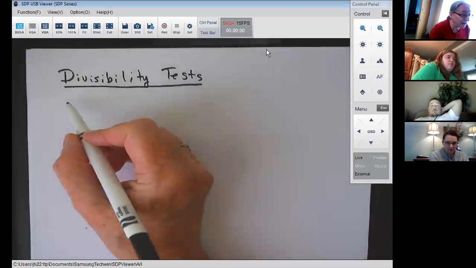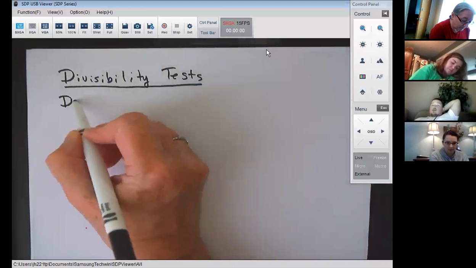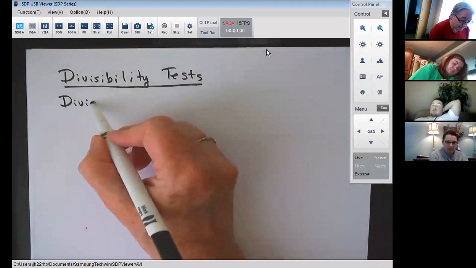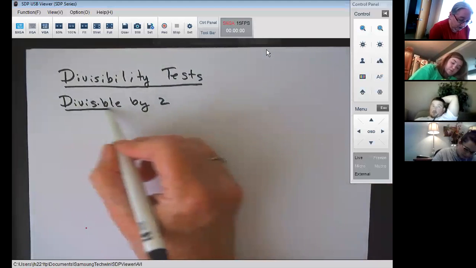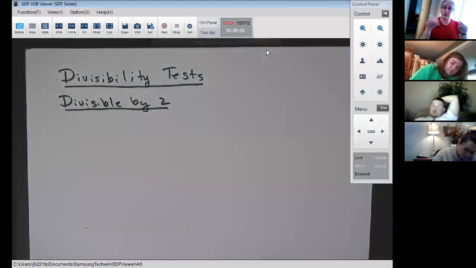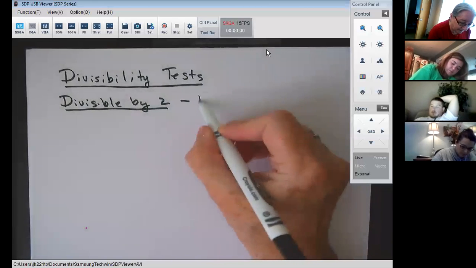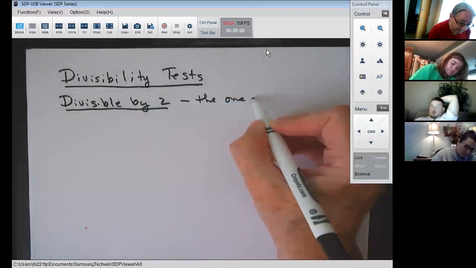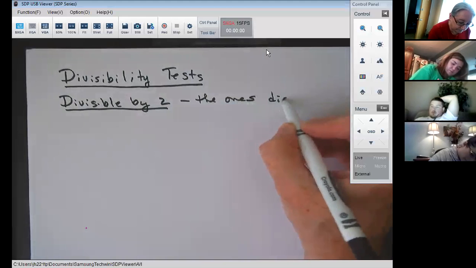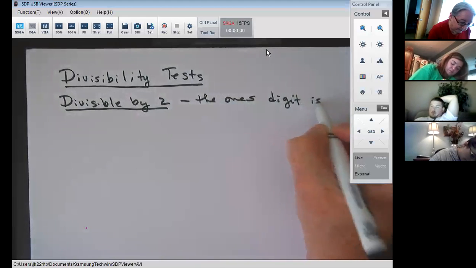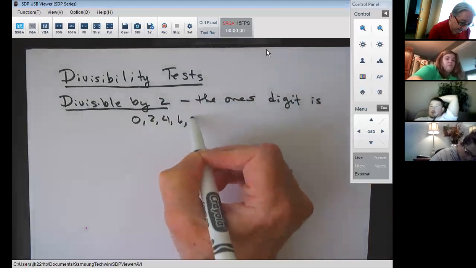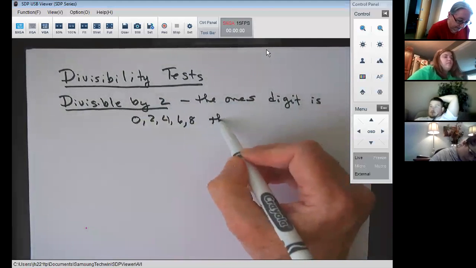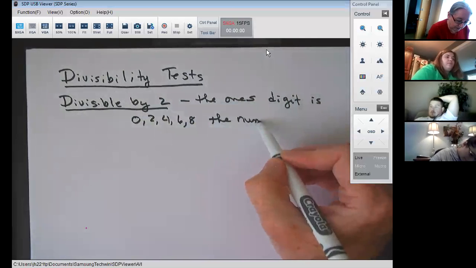I already talked about one of these, and that's the test for if it's divisible by 2. So if you're just looking at a number and trying to decide where to start your factor tree, then if the ones digit is 0, 2, 4, 6, or 8, the number is divisible by 2.